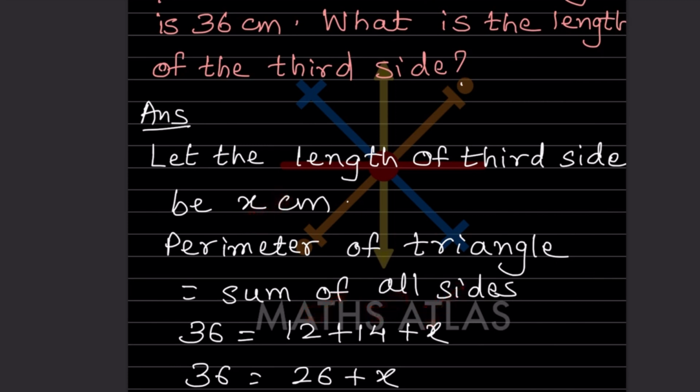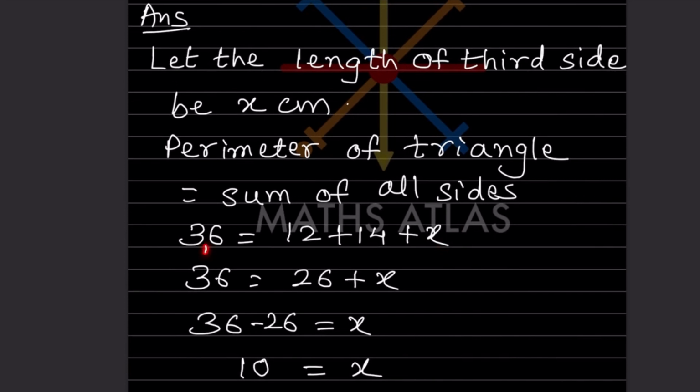So we will write here plus x. So now look here, 36 equals, when you add 12 and 14 it is going to be 26, and this x as it is, so 26 plus x. We don't write a plus sign for the first term, so it is understood that it is plus.